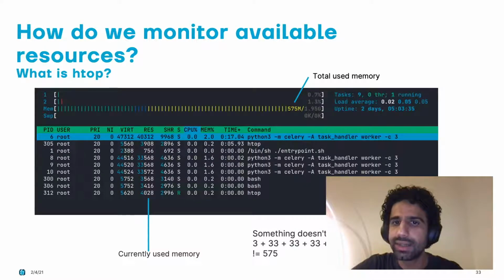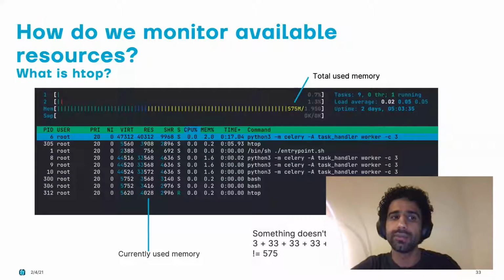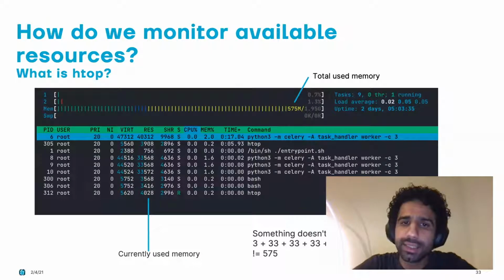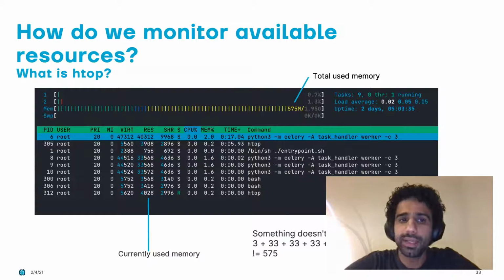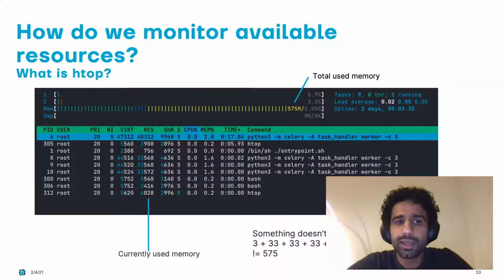So this number that we're seeing here is actually the total memory and the memory usage for the node, the physical machine that this container is running on. So if you run htop in a Docker container, don't expect to see its actual resources. The listed processes and the resource usage per process is correct.